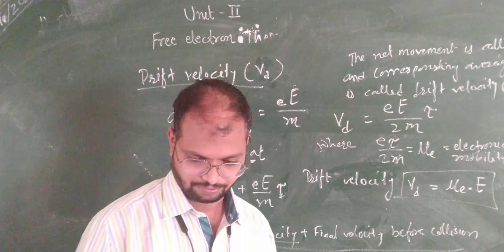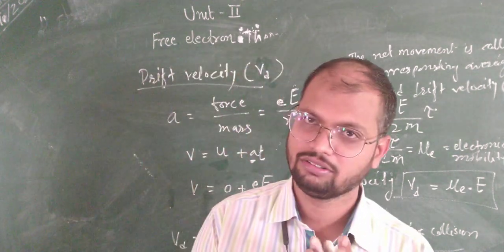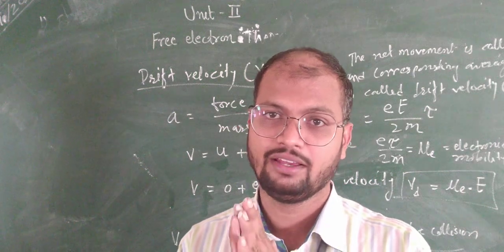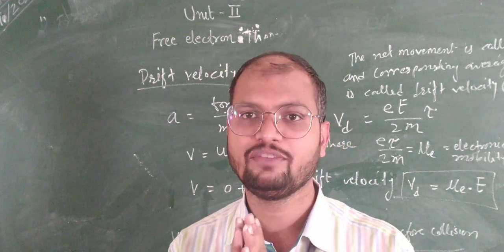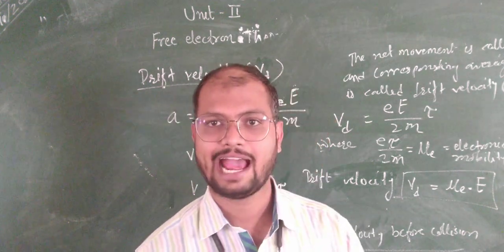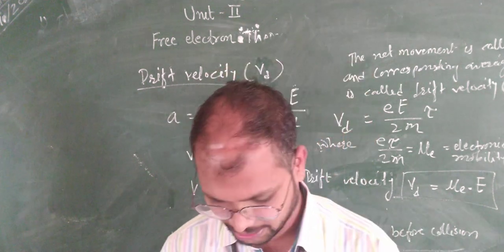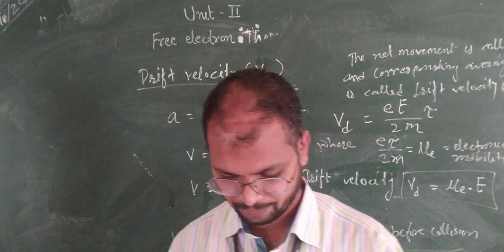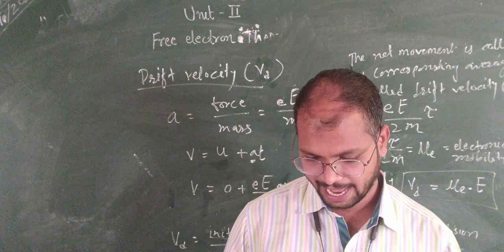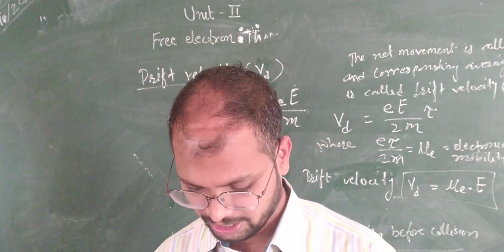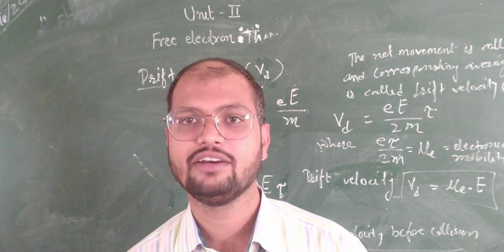Okay. So in this lecture, what we have studied is what is meant by mean free path. The average distance traveled by an electron between any two successive collisions in a straight line in the absence of external electric field is called mean free path.